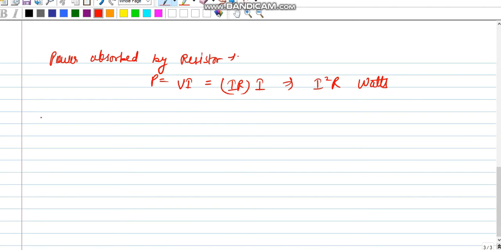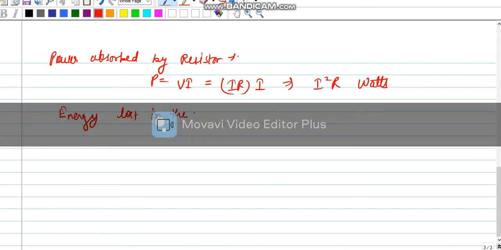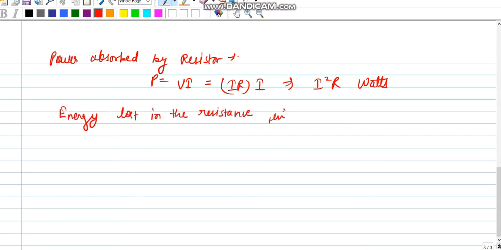Now after power, we will try to find the energy lost in the resistance. This energy lost in the resistance is in the form of heat.